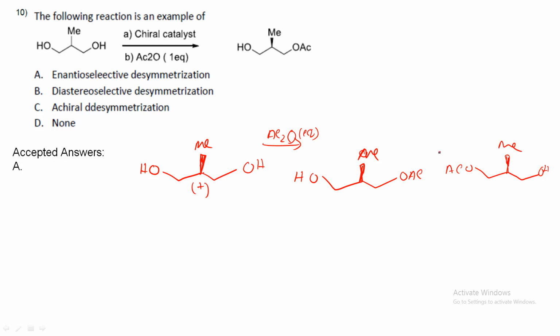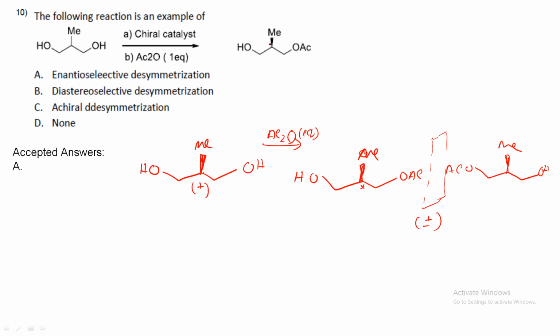Then you can see these two are enantiomers. So without touching the chiral center, we are making a racemic mixture of a chiral molecule. Again, the same thing would be happening if we do not use that chiral catalyst.